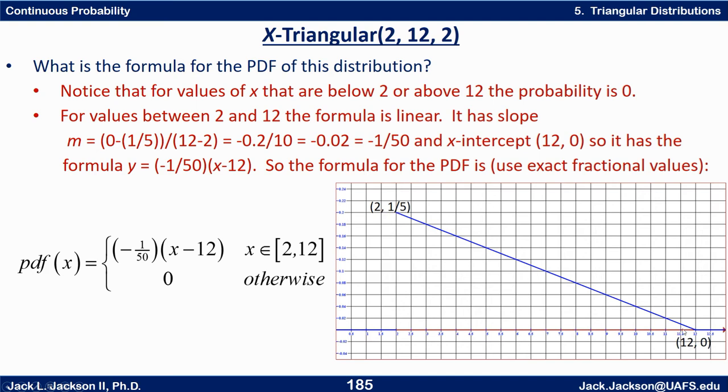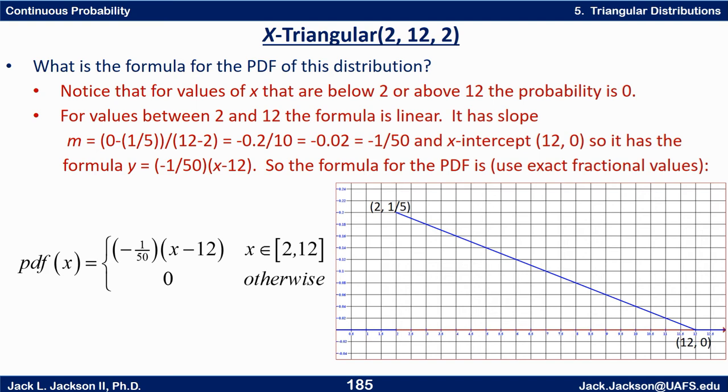Let's see, 0 minus 1/5 means you went down 1/5, so it's negative 1/5 or negative 0.2 for the delta y. Delta x is 12 minus 2 is 10, so it goes to the right 10. So if this is the first point, this is the second one. We're going to the right 10 and down 1/5, so that works out to be negative 0.02 or negative 1/50th. 1 over 50, negative 1 over 50.